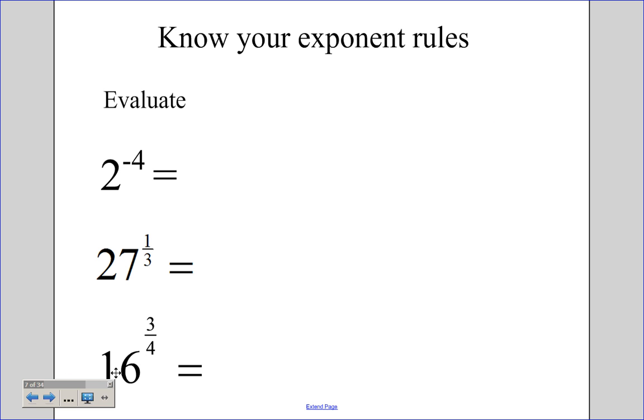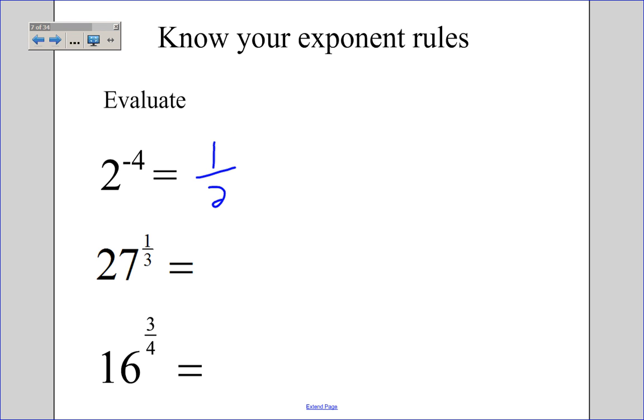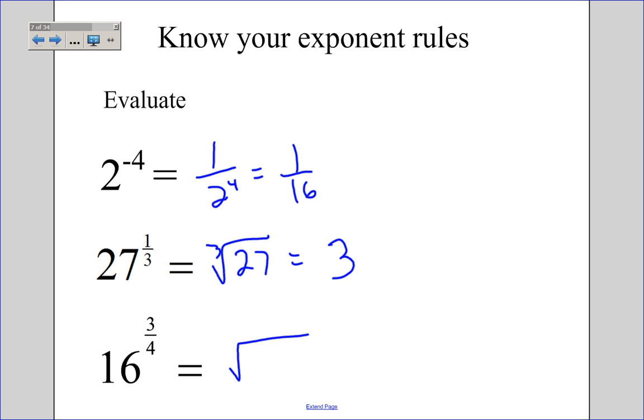So, just a little quiz here. 2 to the negative 4 means 1 over 2 to the 4th, which is 1 over 16. 27 to the 1/3 means the third root of 27, which is 3, because 3 to the 3rd power is 27. 16 to the 3/4 means I take the 4th root of 16, and then I cube that.